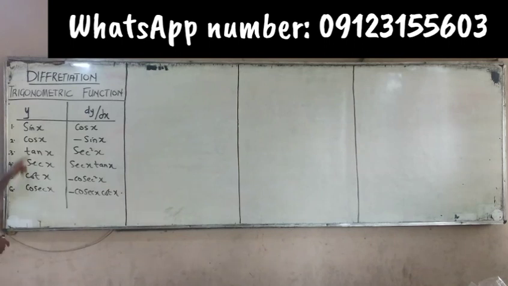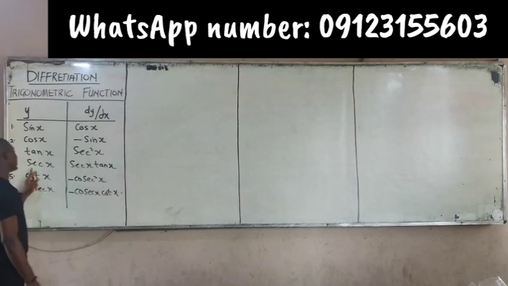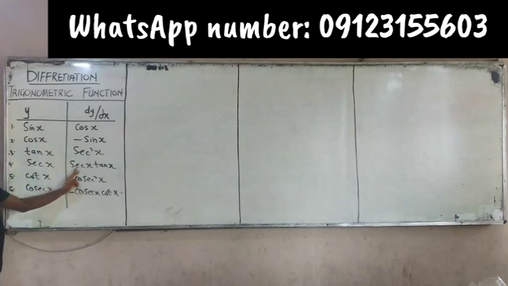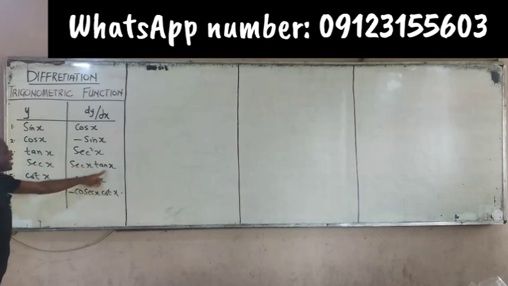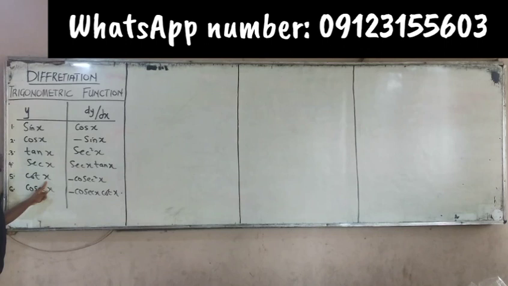Note that if I differentiate sin x, I'll have cos x. If I differentiate cos x, I'll have minus sin x. If I differentiate tan x, I'll have sec squared x. If I differentiate sec x, I'll have sec x tan x. If I differentiate cot x, I'll have what?